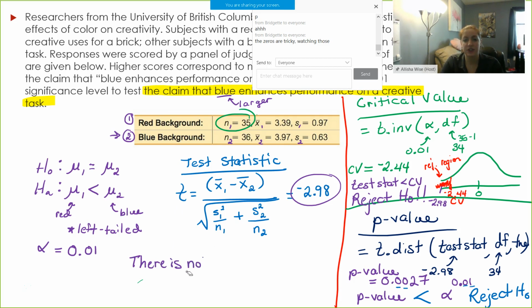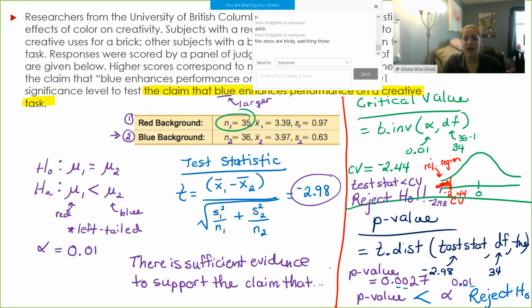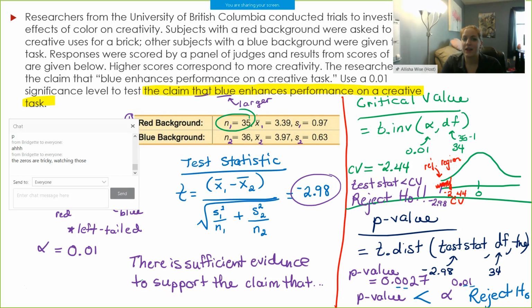There is sufficient evidence to support the claim that, and because of time, I'm just going to say that blue enhances performance on a creative task. So in fact, there is sufficient evidence.